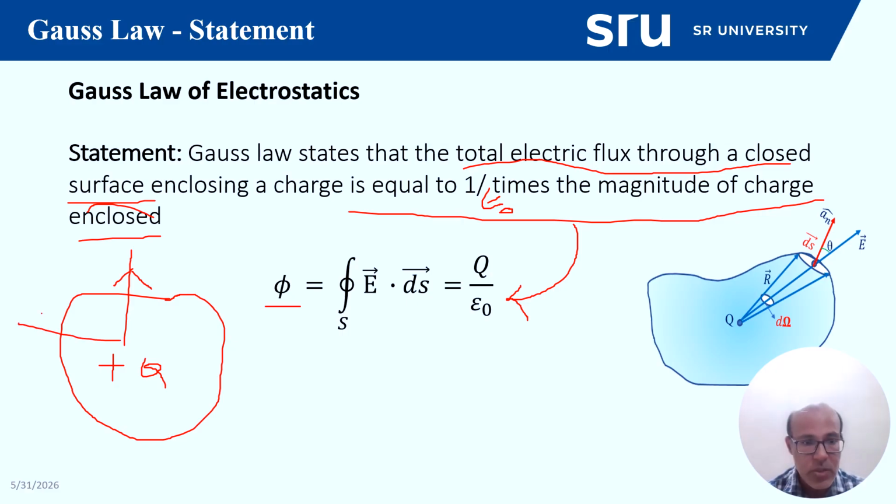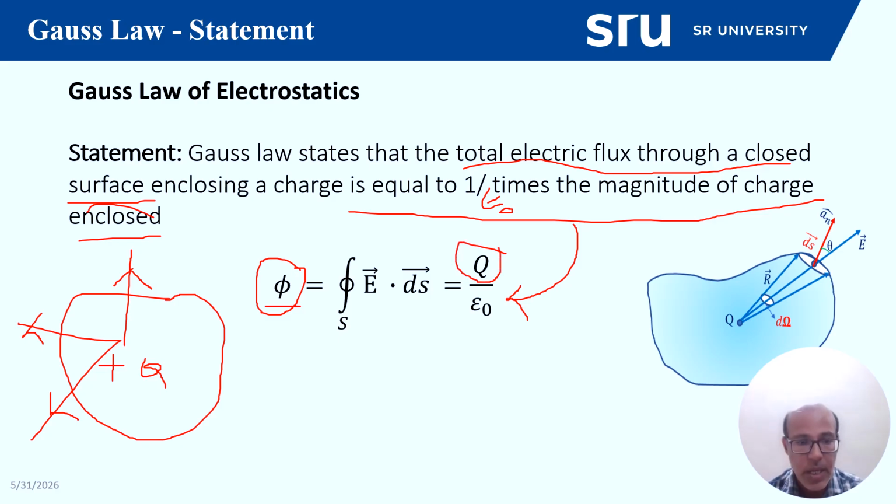Electric lines of force are the electric flux. How much flux is coming out through a closed surface? That's what I want to know, phi. If you want to know how much flux, you should know how much charge is enclosed.